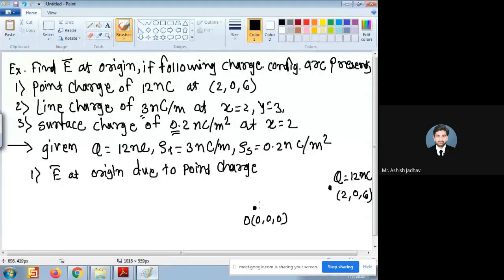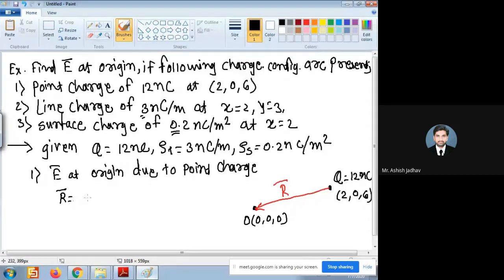Now we can find out the electric field intensity because of this point charge at origin. So this is the direction of vector r bar. Let us assume this as a vector r. What is the value of r? Can someone calculate this vector r bar?